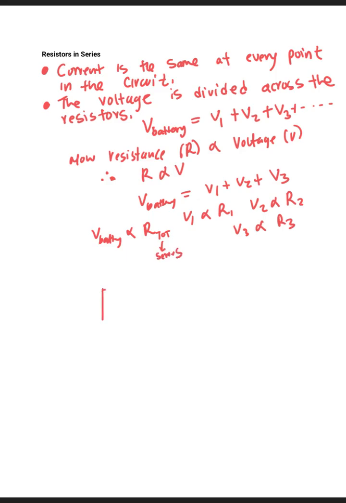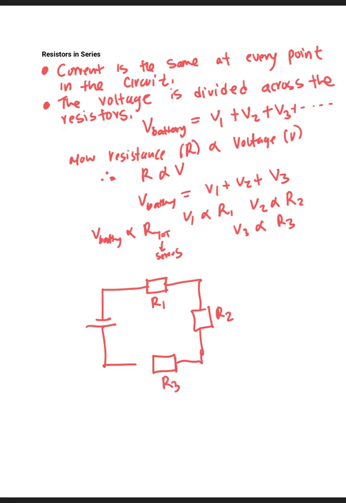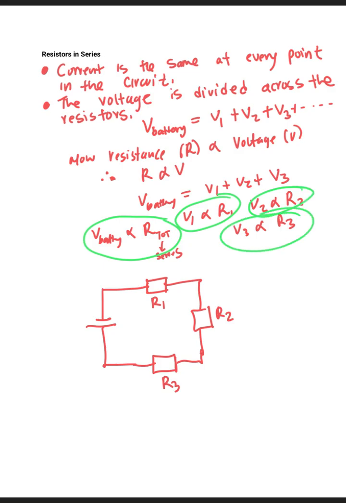So if we have a circuit, for example, where we have R1, R2, and R3, and we combine this, on this formula we can just replace.